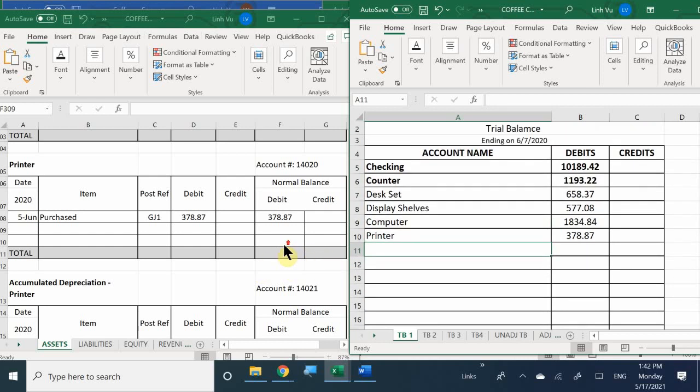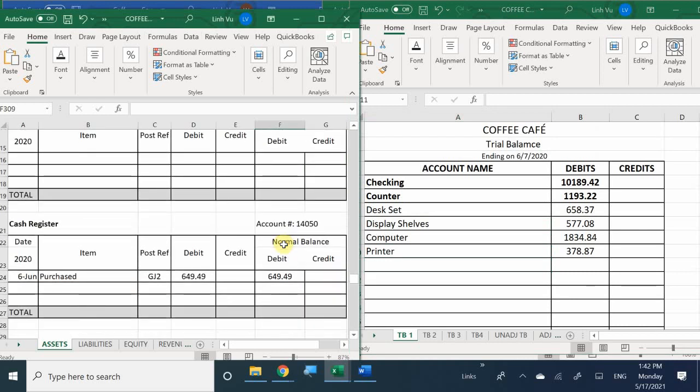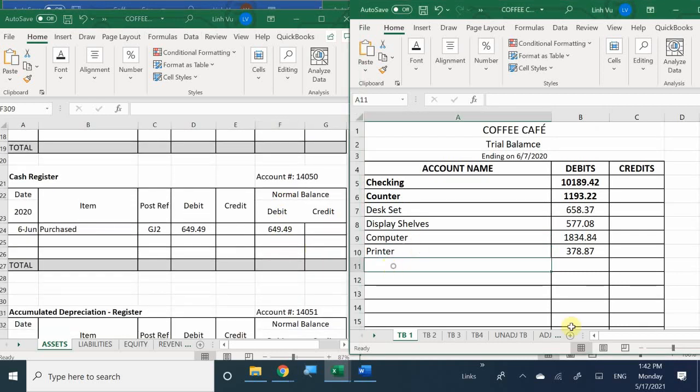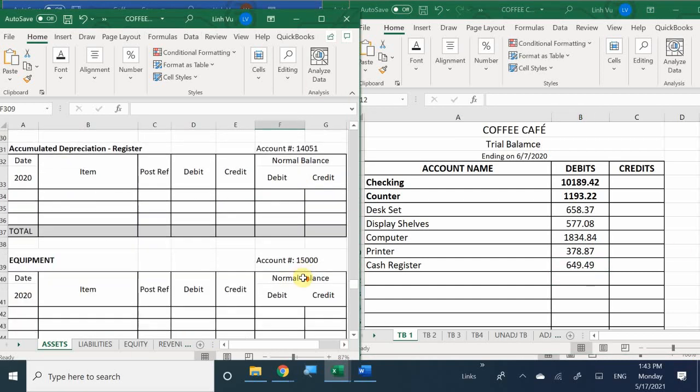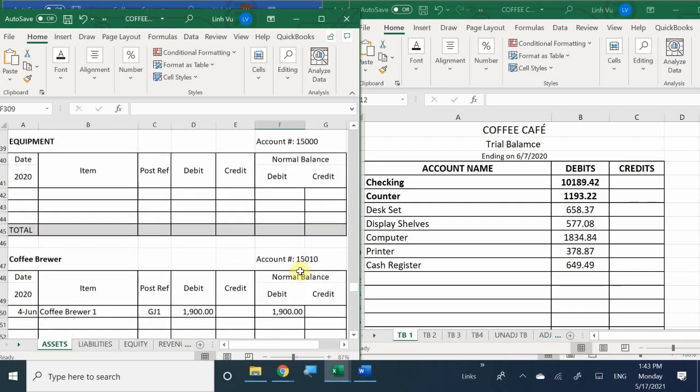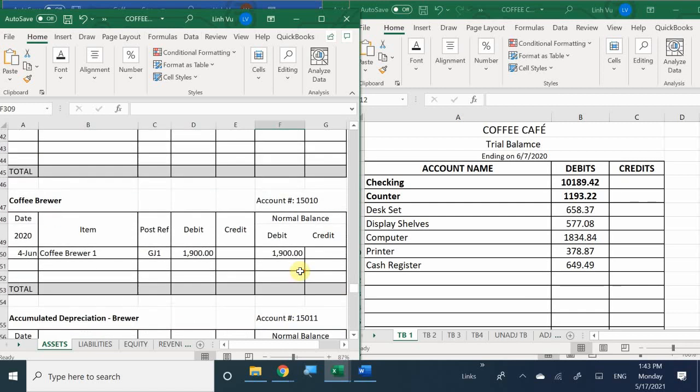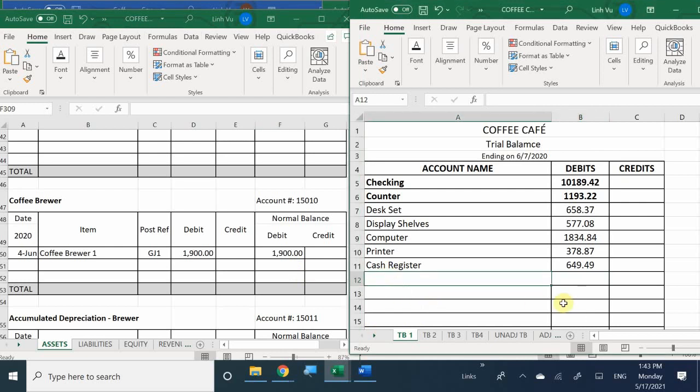Okay. All right, and then what about our cash register? Yes. Okay, for the total amount of $649.49. Okay. All right, now we're moving on to just regular equipment. Okay, so if you guys remember from way back when we acquired the business, we did actually get our very first coffee brewer.